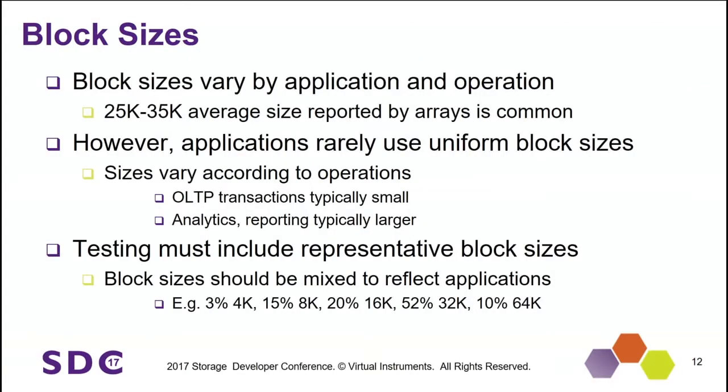So, 25 to 35K is the average reported block size. We look at vendor performance reports, vendor performance processes. Virtually every vendor can produce a CSV file that talks about performance during a time period.